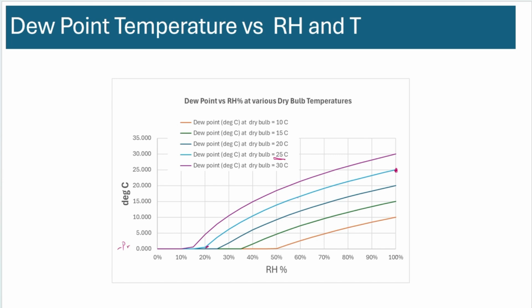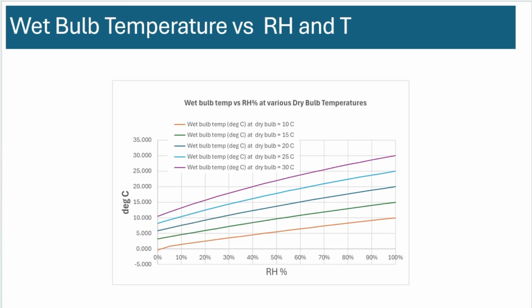And the next one is the wet bulb. The wet bulb is also a temperature that is lower than the dry bulb temperature. And as you can see, wet bulb also decreases as the relative humidity decreases. Now, how does the wet bulb and dew point look compared to each other?